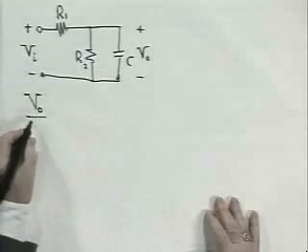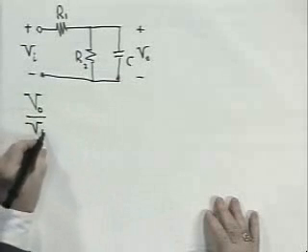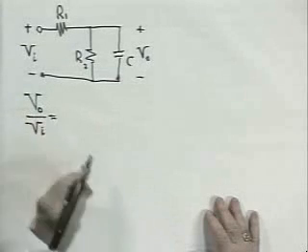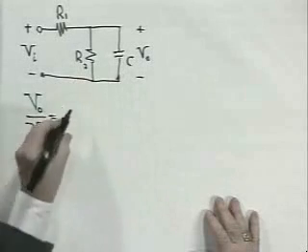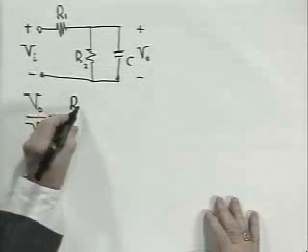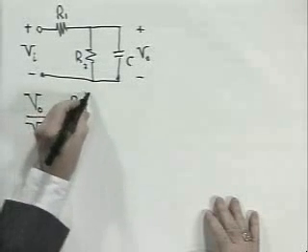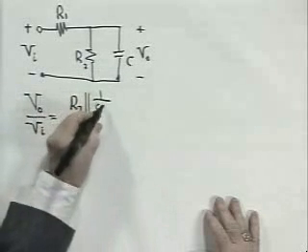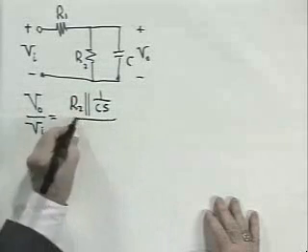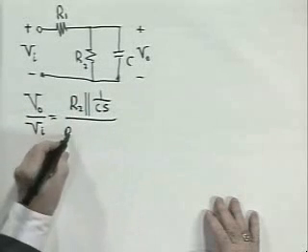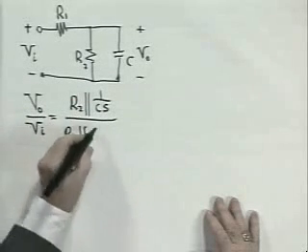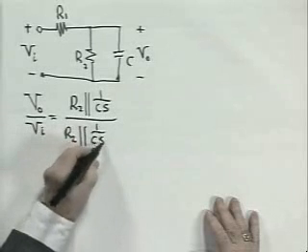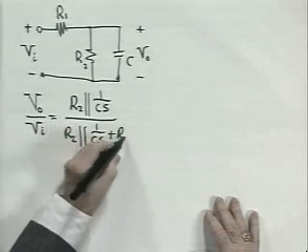The ratio V sub O to V sub I is the parallel combination of these impedances. The impedance of the resistor is R2. It's the parallel combination of R2 and 1 over CS, divided by that parallel combination, R2 in parallel with 1 over CS, plus R1.